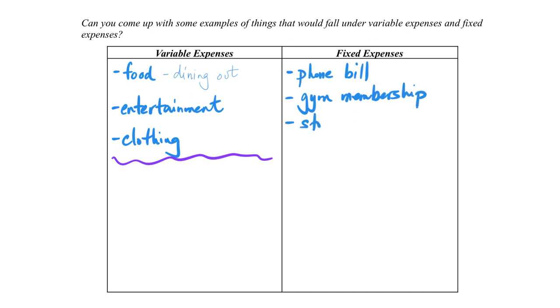Maybe streaming services. Maybe I just put something on in general for streaming services. I'm not sure what that would fall under. Is that a phone expense? Would you have lumped that under phone if it was something like Spotify? Is a streaming service something that you would have lumped under entertainment? Well, if it's a streaming service, then you're probably paying the same amount every single month. If you're on Disney, then you're paying the same amount every month.